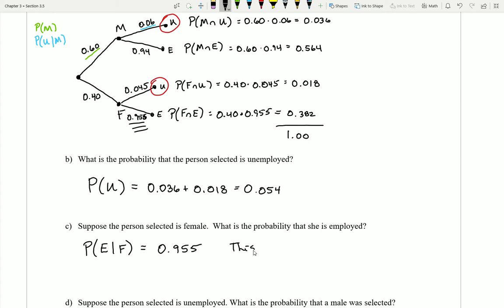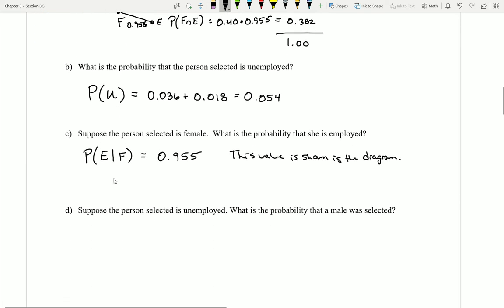I'll even state this value is shown in the diagram. And so we have no reason to go ahead and use any sort of fancy formula here to arrive at that value. So that's great. Conditional probabilities can just be spotted oftentimes within the diagram.